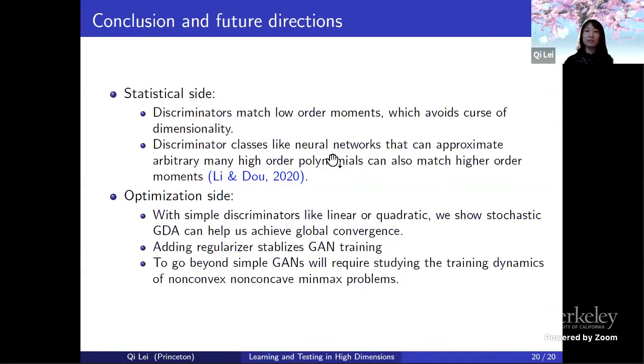Therefore, as I mentioned here, for neural networks that can approximate higher order polynomials, we can naturally match higher order moments. Therefore, we can also learn more complicated functions. So that's on the statistical side.